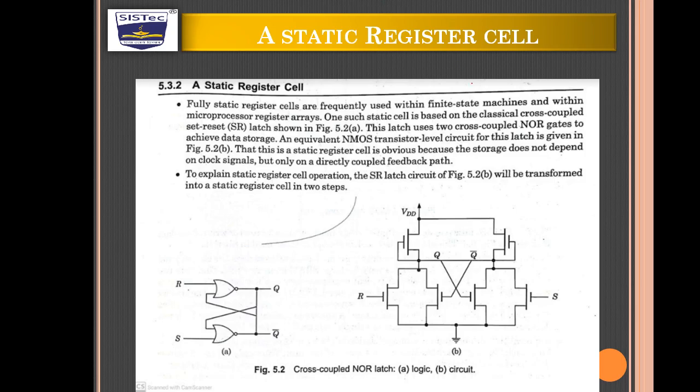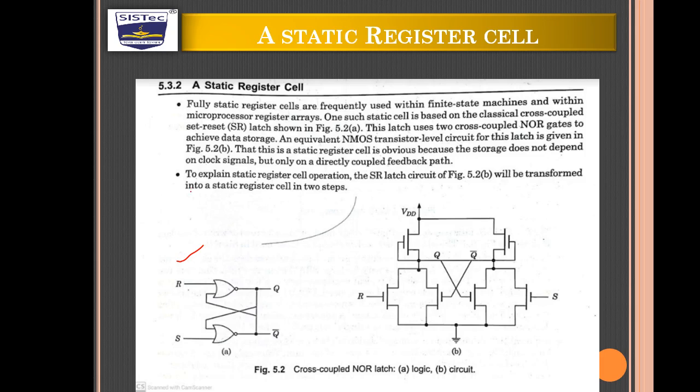One such static cell is based on the classic cross-coupled set-reset latch, the SR latch, containing NOR gates. This latch uses two cross-coupled NOR gates to achieve data storage. As we studied in digital circuits and systems, this is basically a NOR latch.